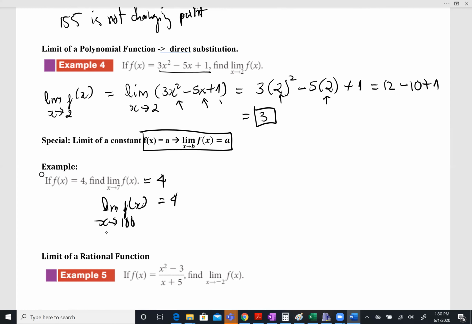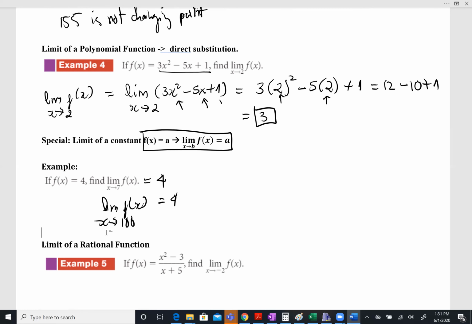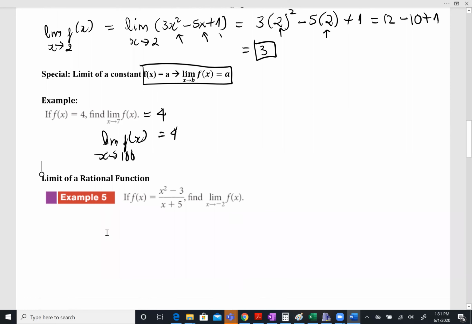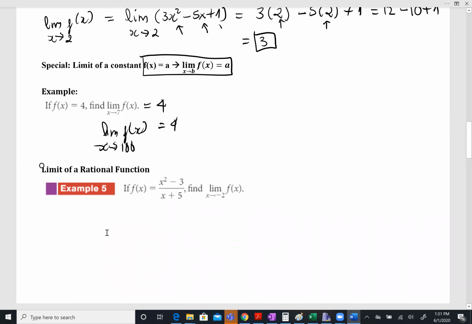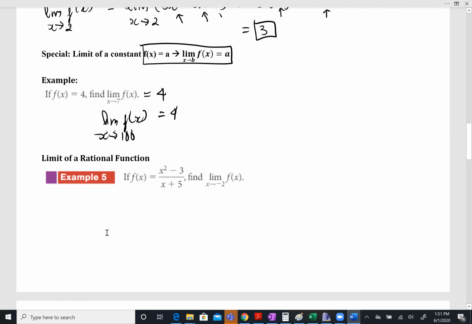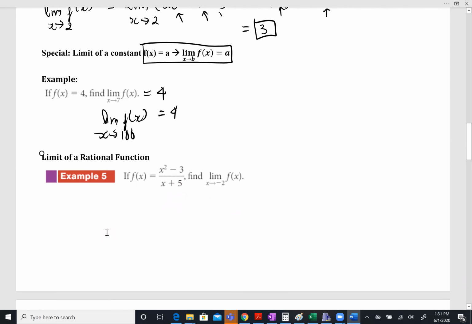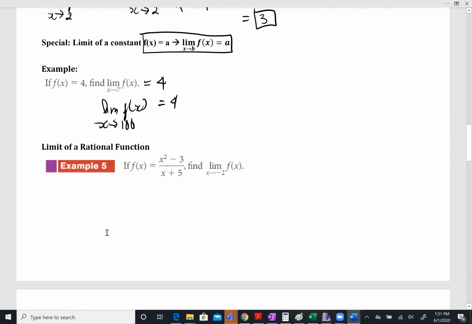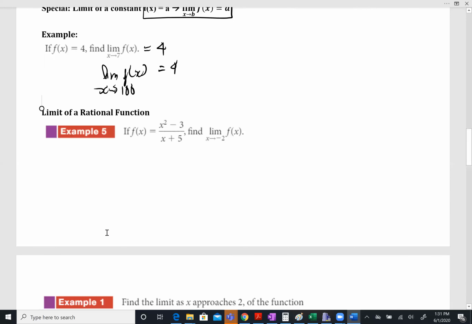Now let's talk about the limit of a rational function. This is a little bit complicated, so focus on this. In example 5, from the text, I have f(x) equal to (x squared minus 3) over (x plus 5), and I want to find the limit of f(x) when x goes to -2.